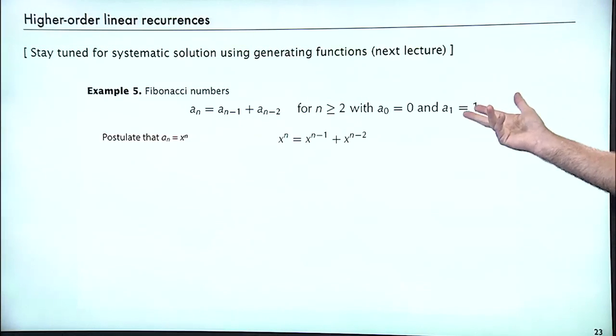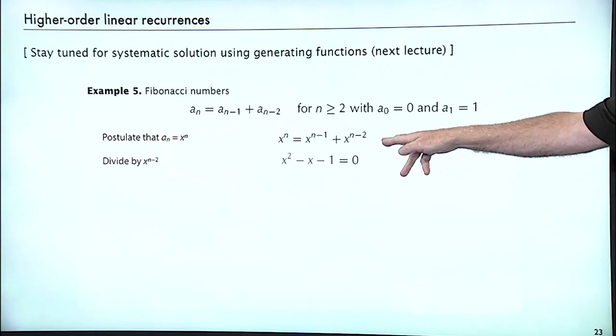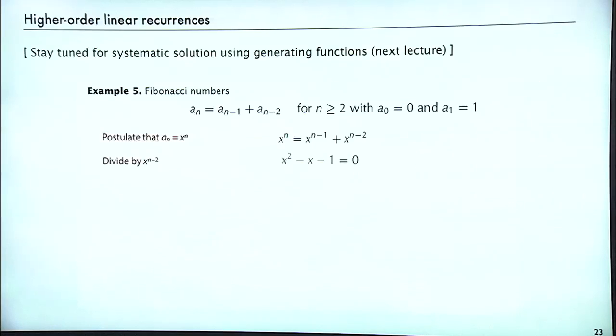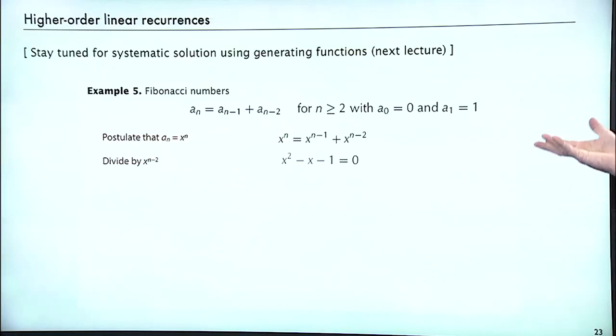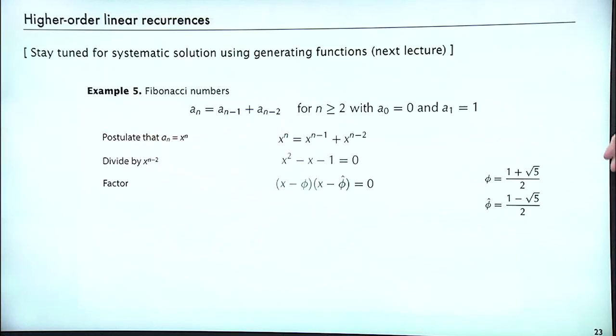So then we get, postulating a equals x to the n, x to the n minus 1 plus x to the n minus 2, which gives us this quadratic equation, x squared minus x minus 1 equals 0. The solution to that, using the quadratic formula, minus b plus minus square root of b squared minus 4ac, is going to have a square root of 5 in it. B squared is 1, 4ac is minus 4, minus 4ac is plus 4, 1 plus 4 is 5.